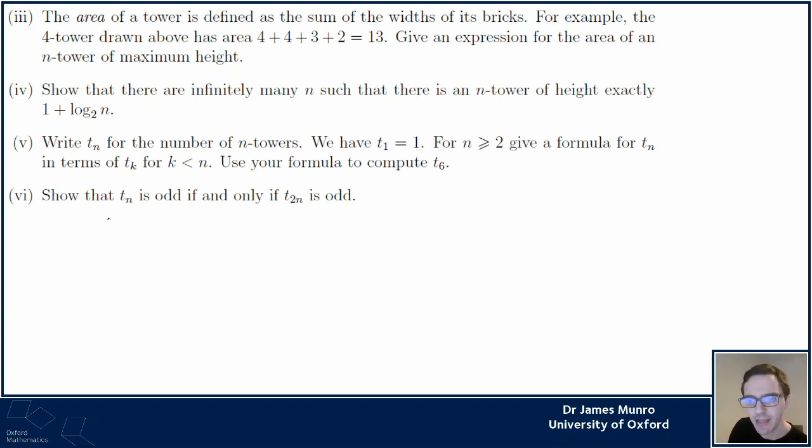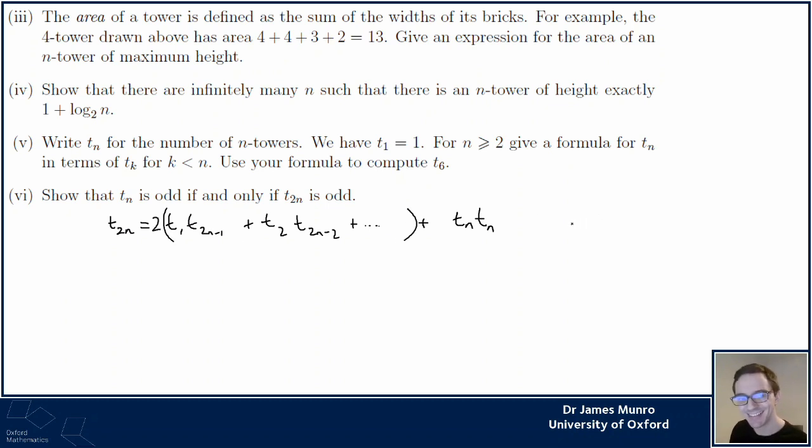The observation I want to make is that T2n, this thing about terms coming up twice, T2n is T1 T2n minus 1 plus T2 T2n minus 2 plus and so on until you get to Tn Tn, and then you get the previous terms again written in the other order. As we come back out again, we're going to end up at T2n minus 1 times T1. That's the first term again.